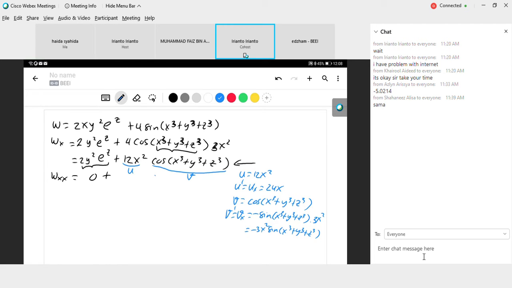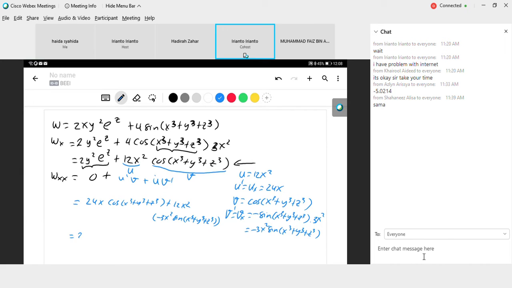Good. So this one is u prime v plus u v prime. So it will give me 24x cos of x cube plus y cube plus z cube plus 12x squared times negative 3x squared sine of x cube plus y cube plus z cube.